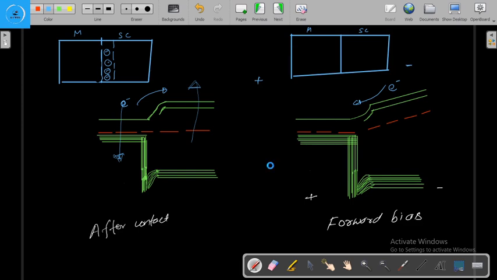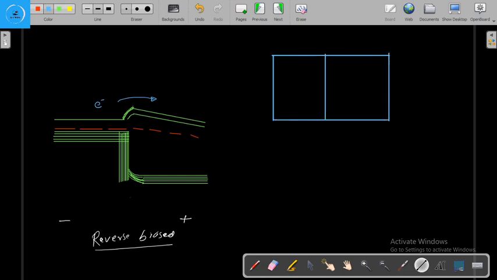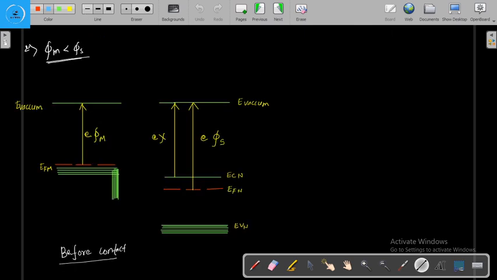Now when we are applying the reverse bias, this is the metal and this is the semiconductor. Here we are applying the negative voltage, and here we are applying the positive voltage.